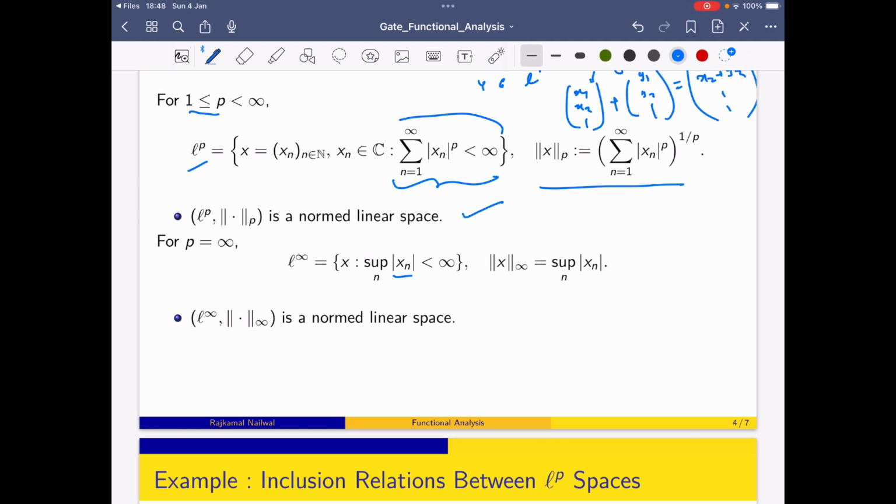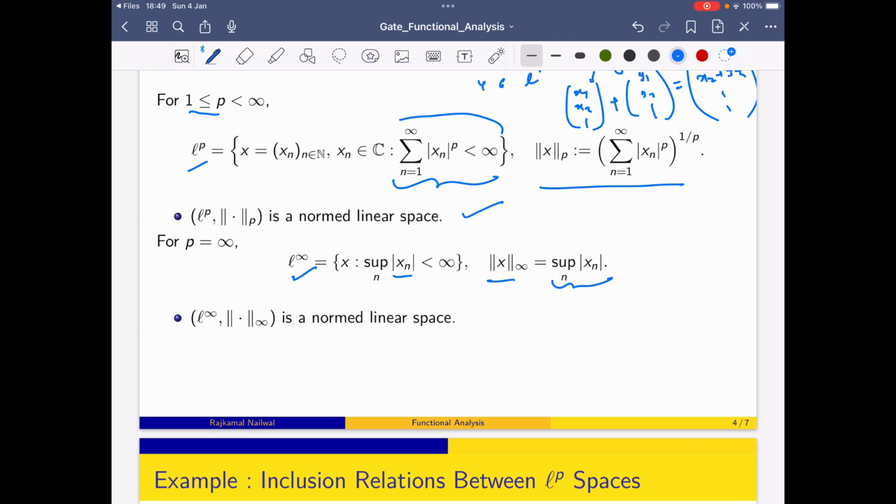Similarly, the scalar multiple of a bounded sequence is a bounded sequence. So L infinity is a vector space. Now you would like to define a norm on it, and a natural choice is the supremum of the mod of xn's. This defines a norm on the space L infinity.